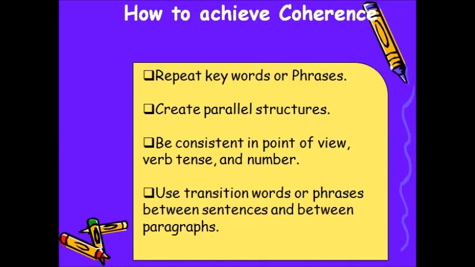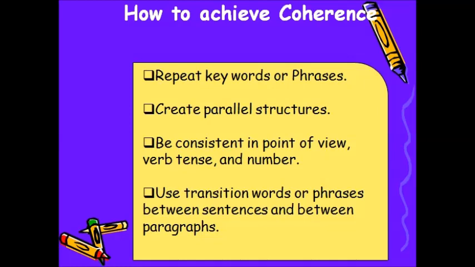To achieve coherence in a paragraph, we have to use one or more of these signals or markers. They are: repeat keywords or phrases, create parallel structures, be consistent in point of view, verb tense, and number, and use transition words or phrases between sentences and between paragraphs.